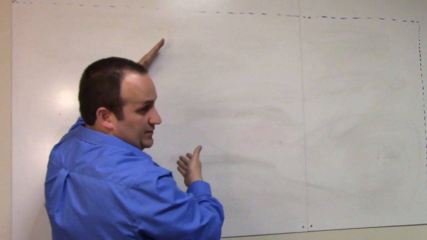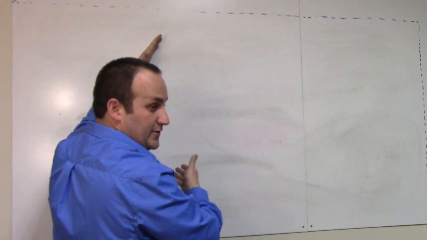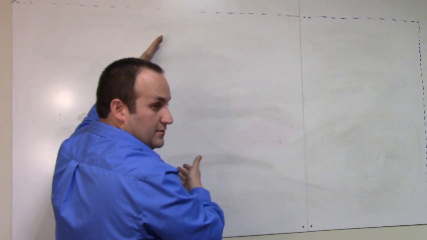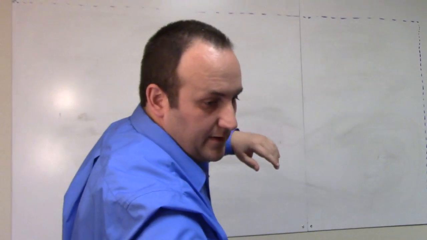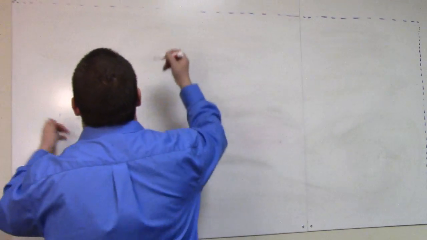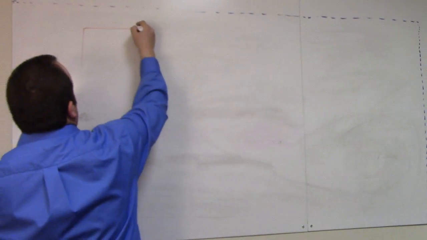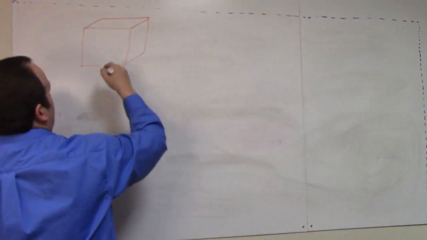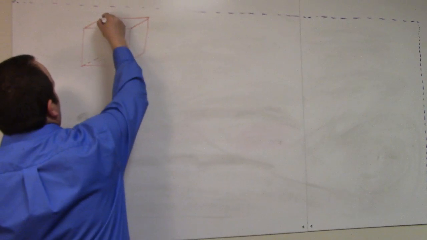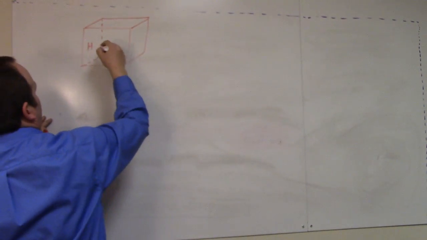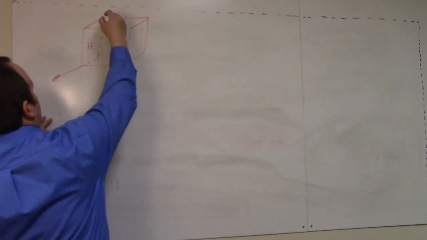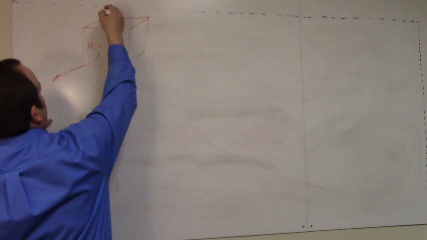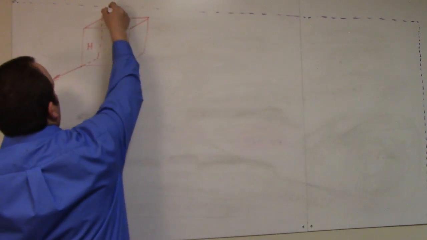You take any line through the origin, that's a subgroup. Or you could even take R3, the infinite cube. I could say H is the plane through the origin, the XZ plane, right?